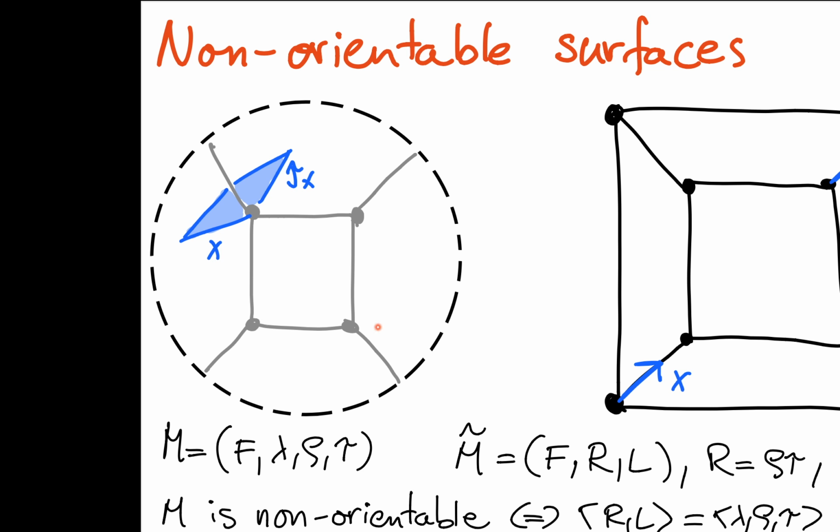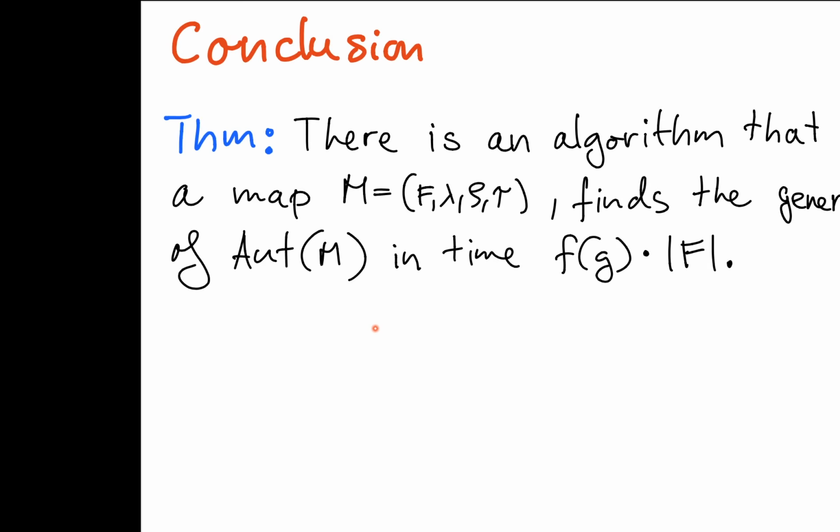So the final result is that there is an algorithm for a general map that finds the generators of its automorphism group in linear time parameterized by the underlying genus.